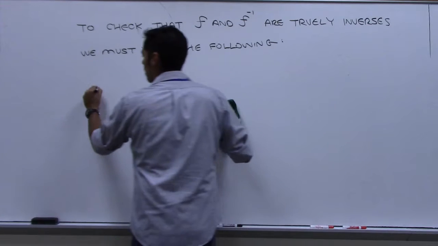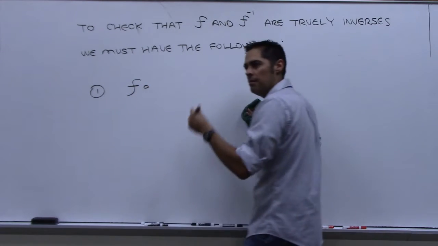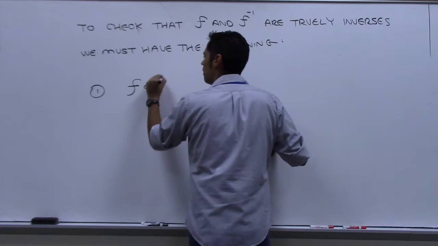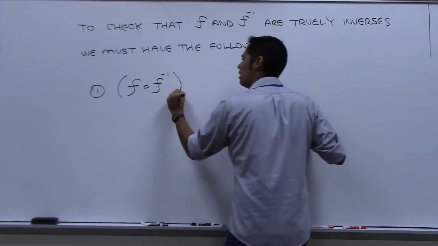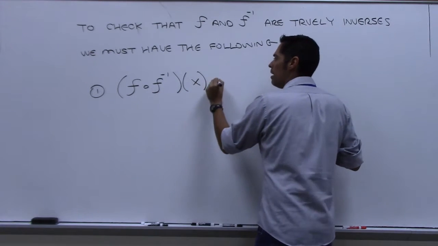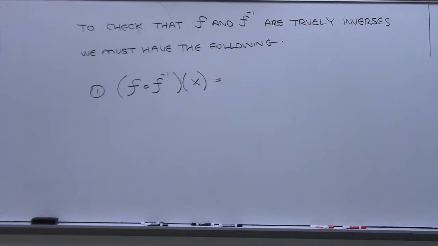First, if you take f and you compose it with its inverse, so this is like f of g of x, then when you do that, you should get what out? So let's think about this.